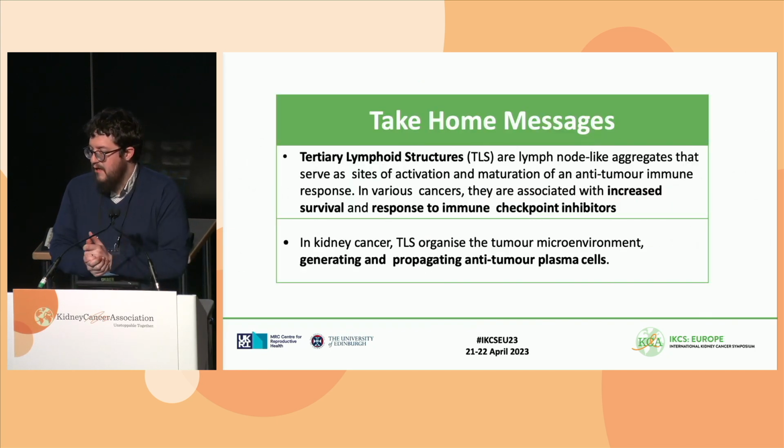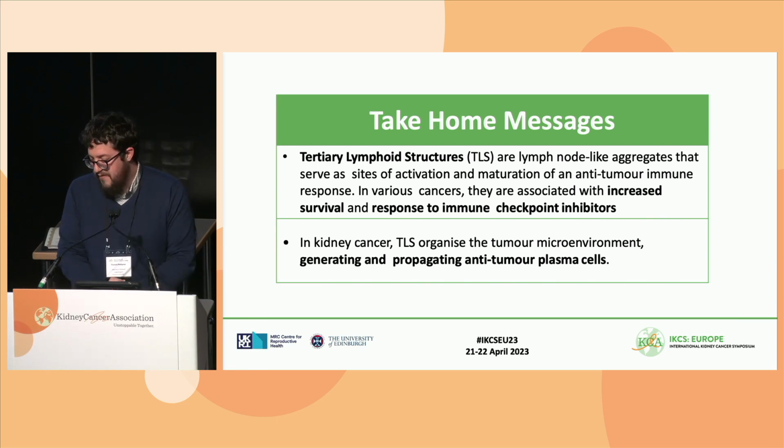Briefly, the take-home message is that in some tumors, we can find tertiary infrastructures with lymph node-like aggregates forming in the tumors, and that those are sites of activation or maturation of a potent immune response against the cancer. They are associated with an increased survival and a response to immune checkpoint inhibitors in many different cancer types, including clear cell renal cell carcinoma.